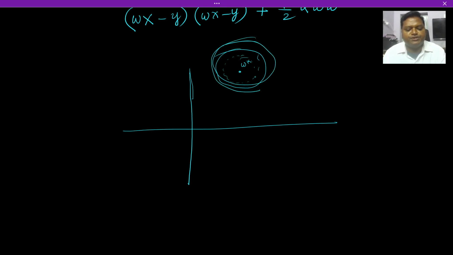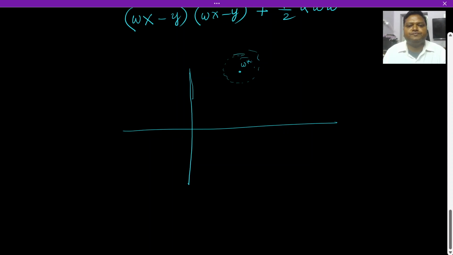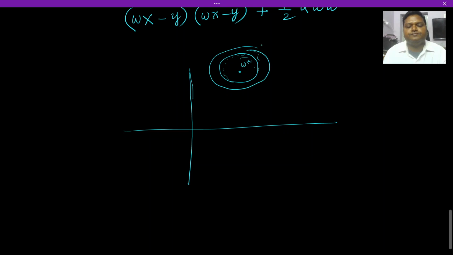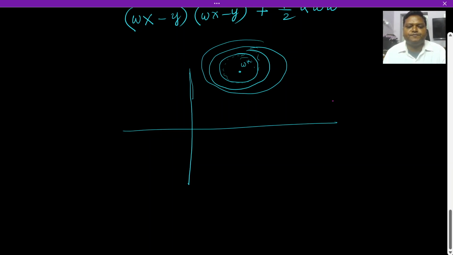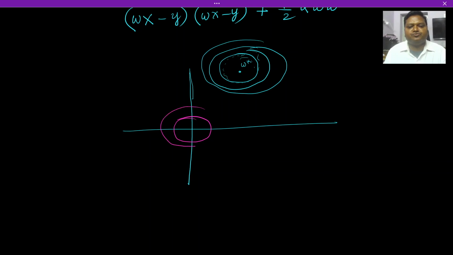Sorry, they should not intersect each other. And our L2 family is here. L2 family is spherical: x1 square plus x2 square is less than r square.